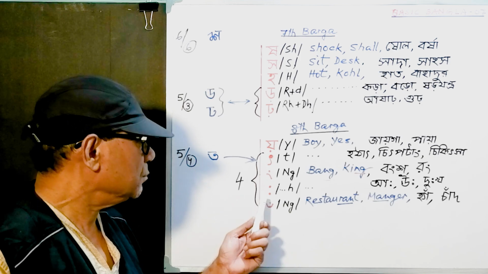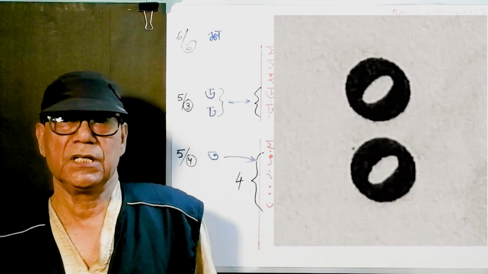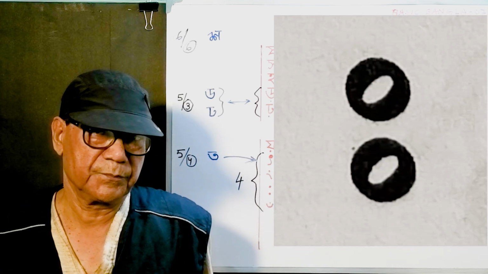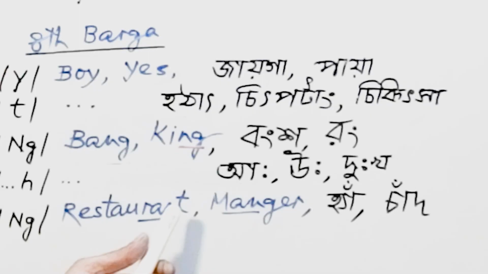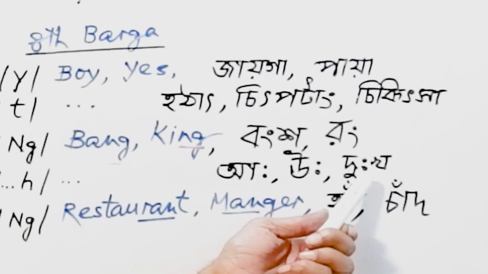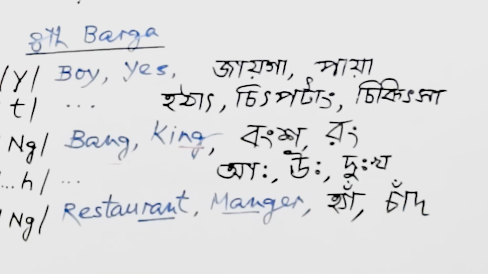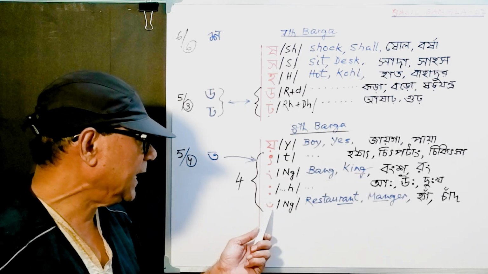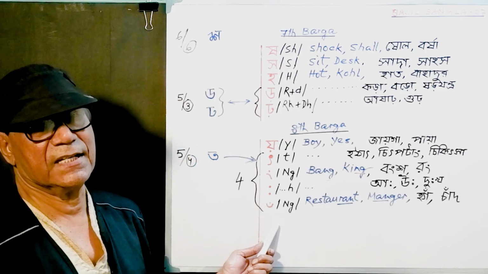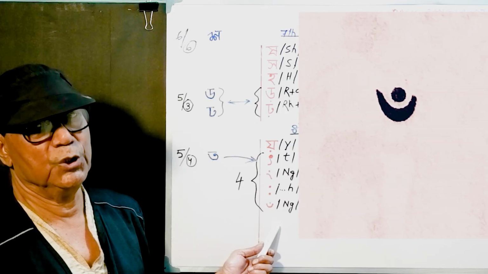So this is anusar. Then visargo. Visargo is more of an interjection. You just have a jerking sound here, like ah, oof. So this is visargo. And finally we have this moon sign, that is Chandra Bindu.